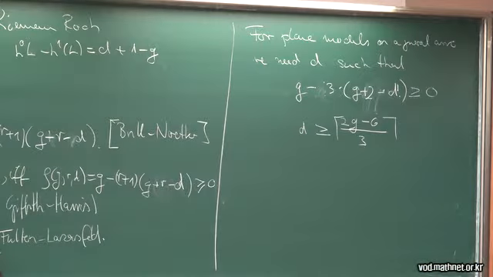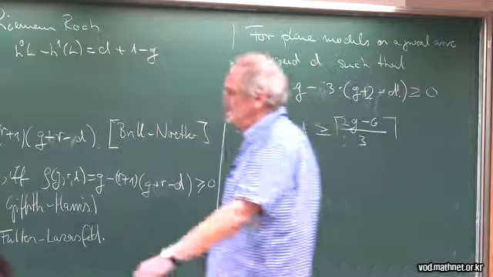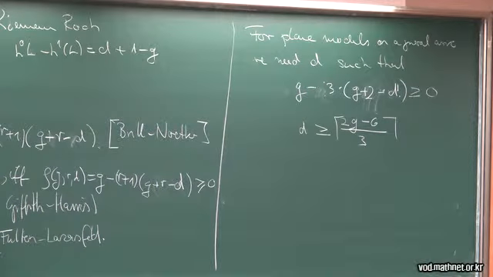Right? So we can hope to find a plane model, which presumably will only have nodes, of degree d if d is at least these numbers.